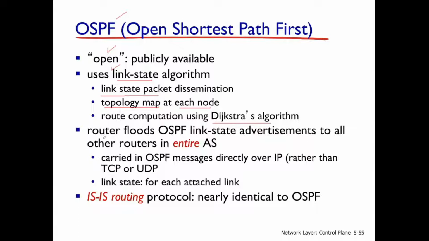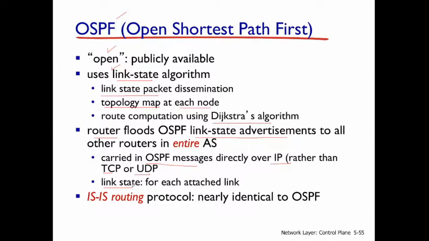Be a bit careful though, these routers send their link state reports in OSPF messages. These OSPF messages are native IP packets, meaning we take the message itself and append the IP packet header, and that's all. There's no TCP, UDP, or application layer header on top of that.